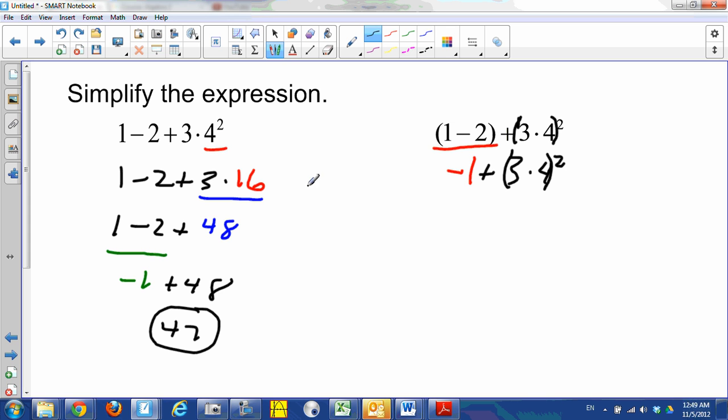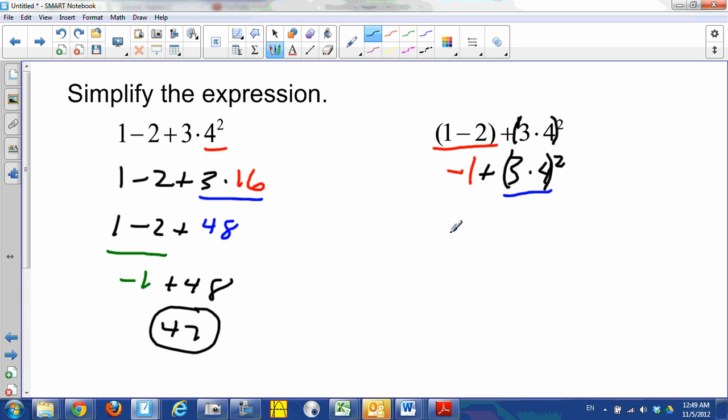Okay, so before the 3 times 4 was grouped, we took care of the squaring first, that exponent. But here we have an operation that's been grouped to make the operation take place before it would have ordinarily. So the next operation that we're going to perform is this multiplication that's been grouped together.